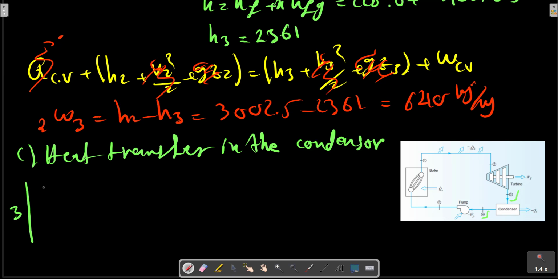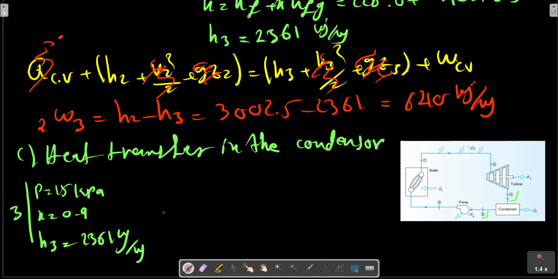For point 3, we have just calculated the enthalpy H3 in kilojoule per kilogram. For point 4, we have this information: pressure is 14 kilopascal and temperature is 25 degrees centigrade. You should check with the tables.